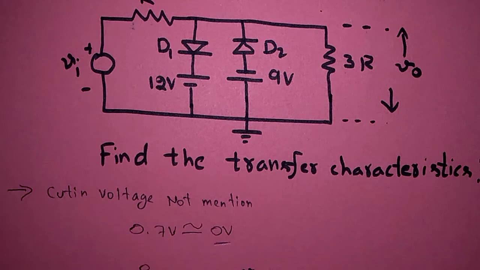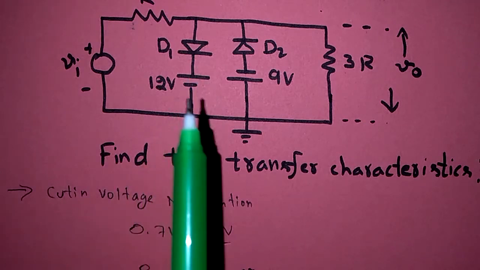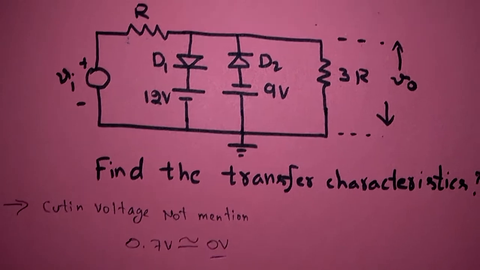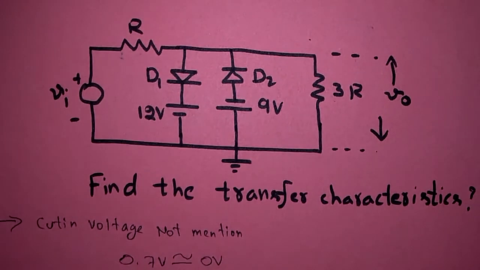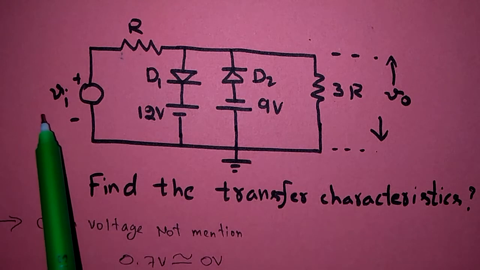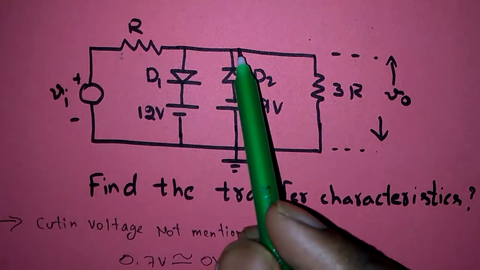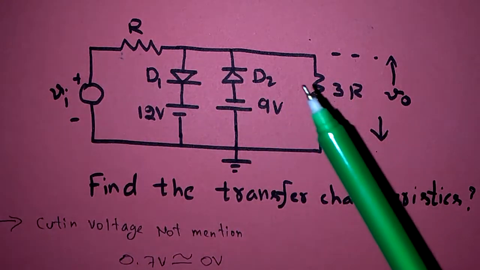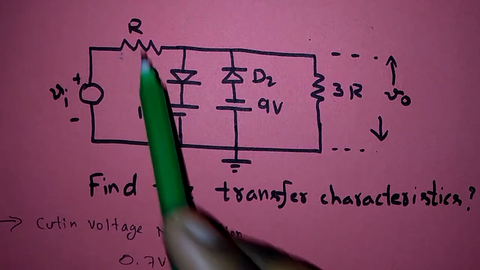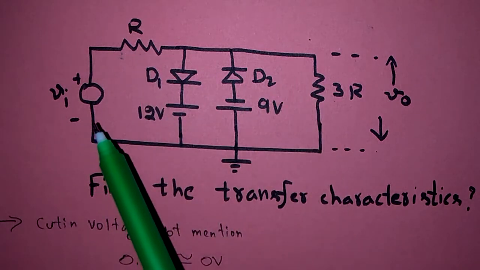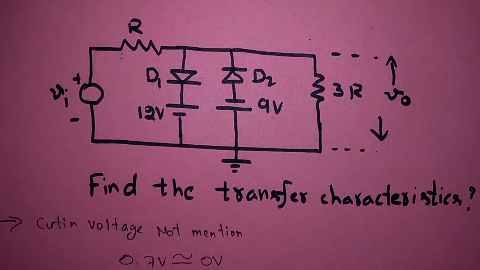Now before going into the diode circuit, first of all we have to analyze this resistive network. Why? Because the input voltage Vi does not appear directly across the diodes D1 and D2. By using these two resistors, the input is attenuated at this point.